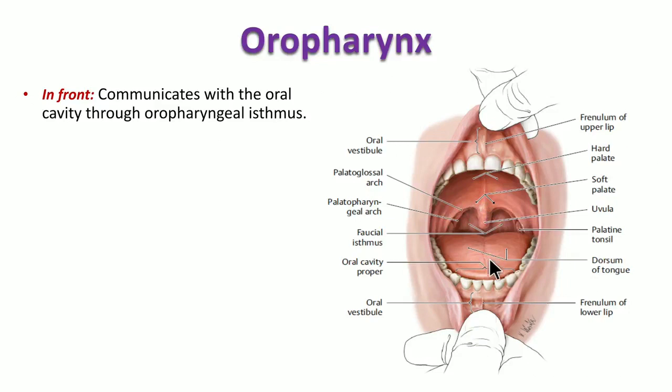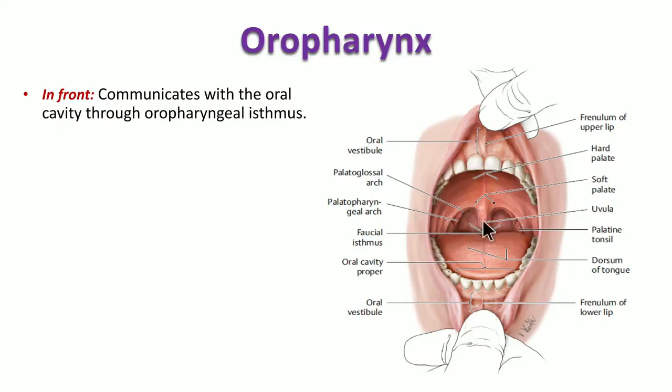So again, during deglutition, once it is swallowed, this palatoglossal arch also approximates. The tongue will go and approximate with the soft palate during deglutition, and these two palatoglossal arches, called the anterior pillars of fauces, will approximate.